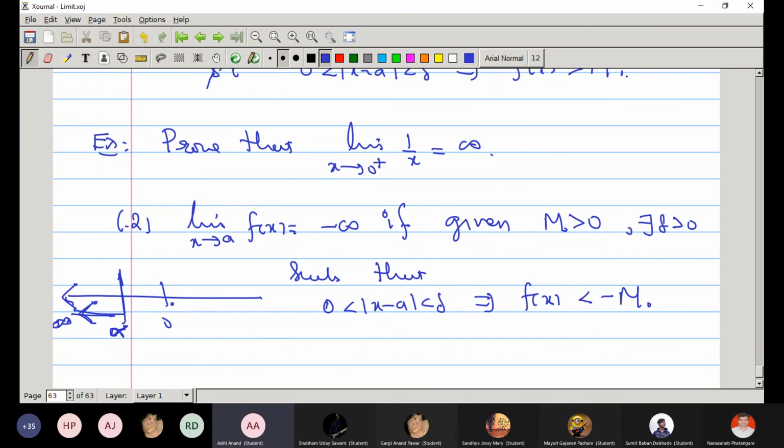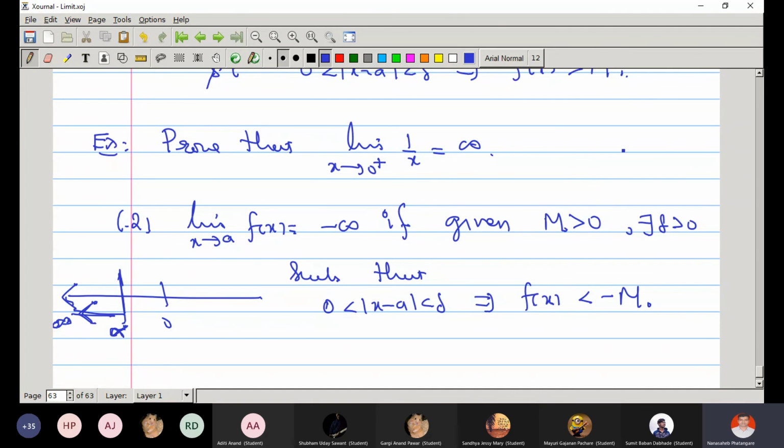Yes, sir, but a positive number can also work as a neighborhood of minus infinity, no? No. We want to go into the neighborhood of minus infinity. For example, look at 1 by x on the negative side. A positive m doesn't help us.